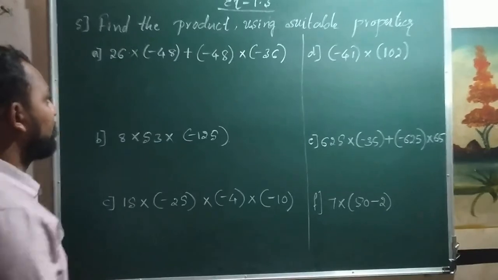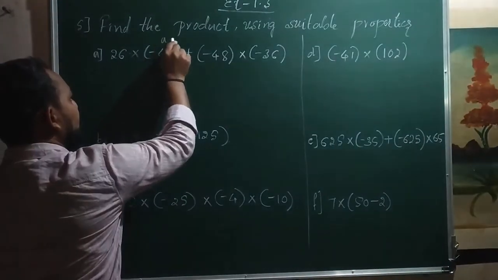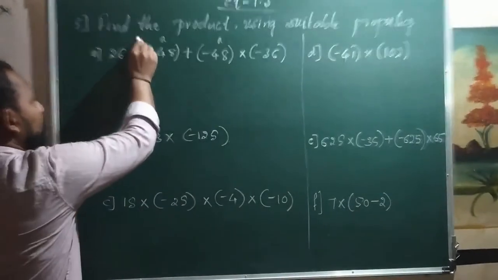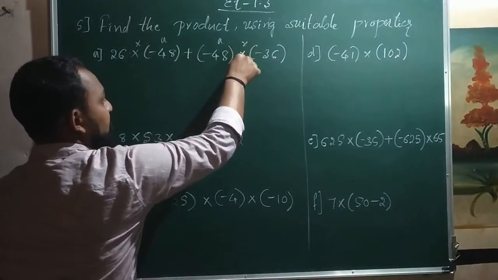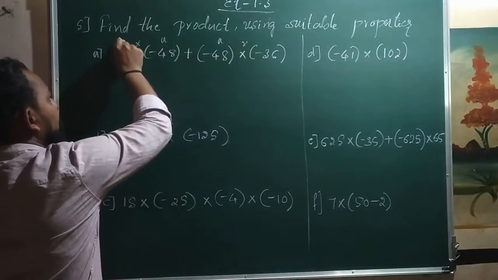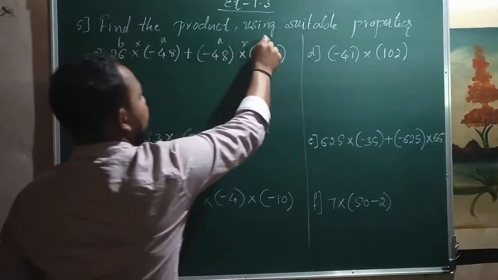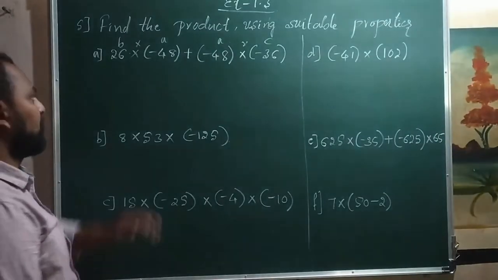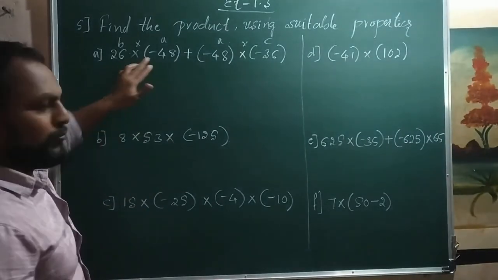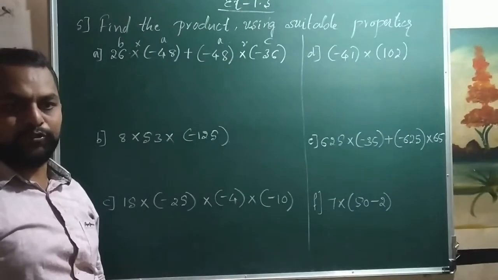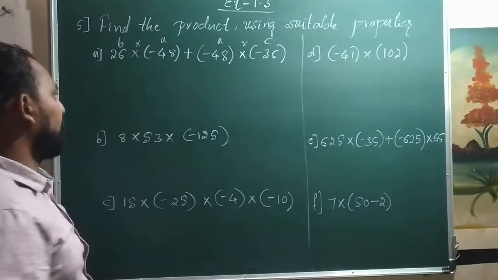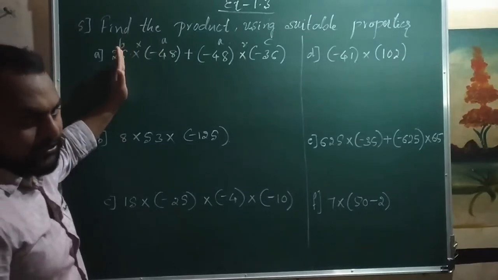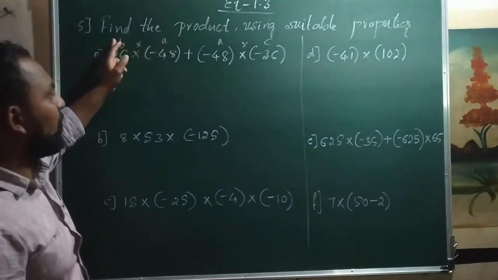Take it as A, and then B and C. 26 into 48 or 48 into 26, A into B or B into A, both have the same values.